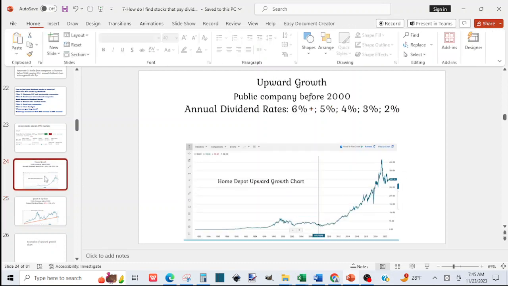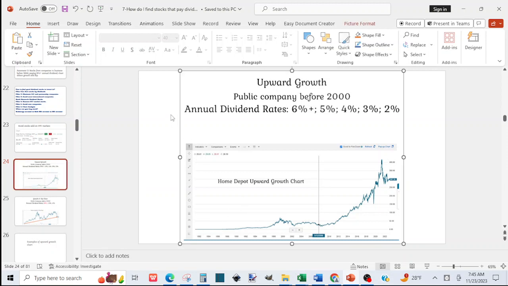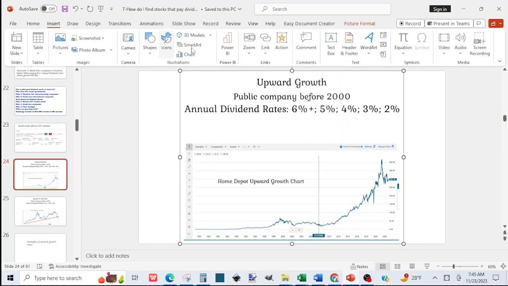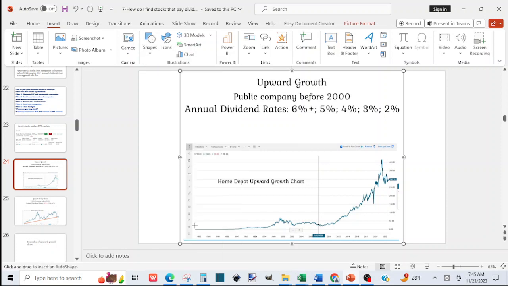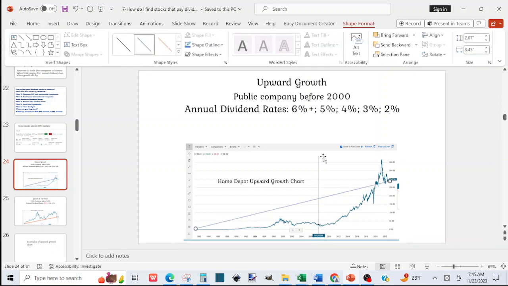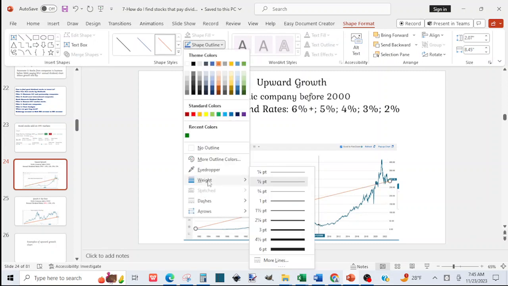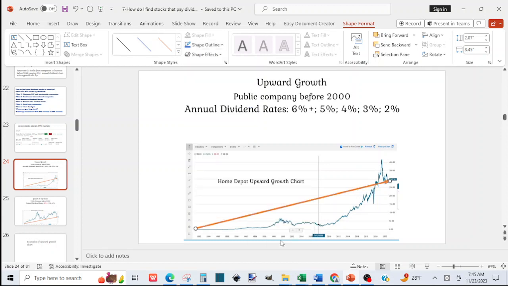And if we try to do the same for this by joining the beginning of the line and the end prices, you can change the color and make it a little bit bold, you can see the growth in it.